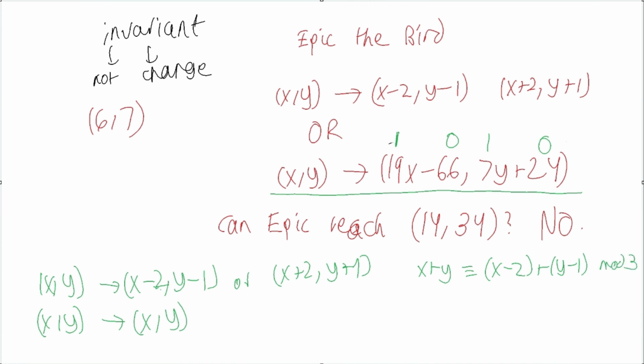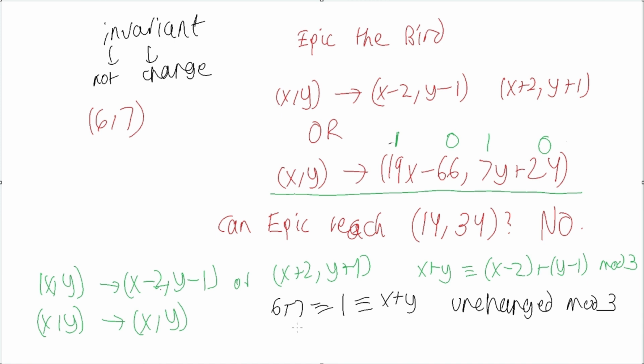So therefore, the sum of the coordinates of Epic, x plus y, is unchanged mod 3. And because we start off at the point (6, 7), it is equivalent to 6 plus 7, which is 1. So every single point that Epic can reach satisfies x plus y is equivalent to 1 mod 3.